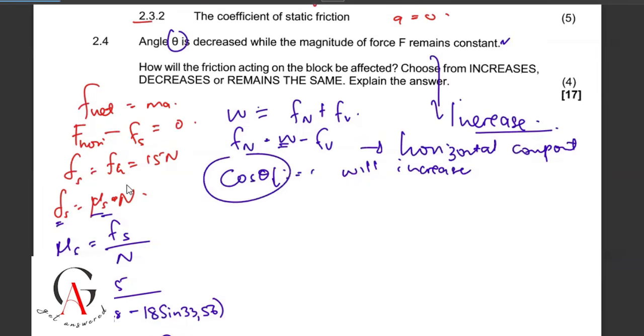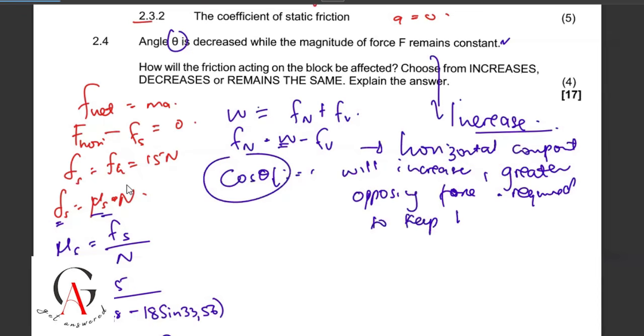So the horizontal component will increase, which means there is a greater opposing force that is required to keep the block at rest. And we know that the static friction is directly proportional to the normal force, because decreasing the angle will also lead to an increase in the normal force.